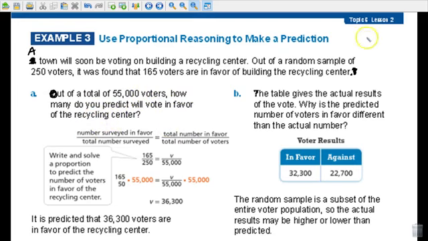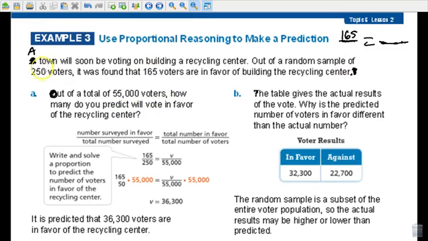So we make our proportion. We have one fraction equals another fraction. So what's happening is the number surveyed in favor over the total number surveyed. We want to know about the people voting in favor, and that's what they give me here. So we put the people in favor, 165, on top, and that goes over the total number surveyed.